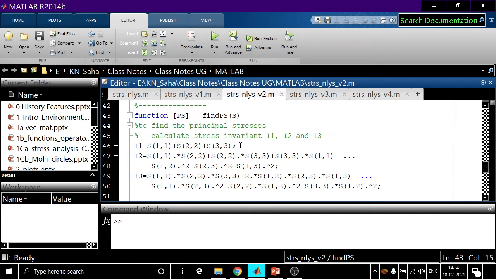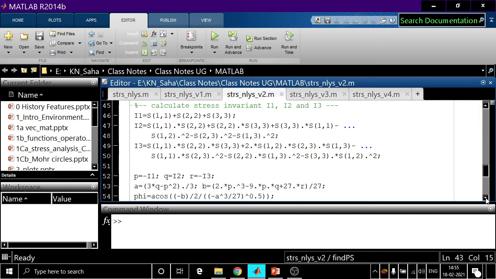To determine this, we expand the associated determinant of this stress tensor, and from there we solve that cubic equation. Before solving it, first we get the coefficients of the cubic equation. From there, we get I1, I2, I3. You follow the theoretical equations and just check whether they are correct or not.